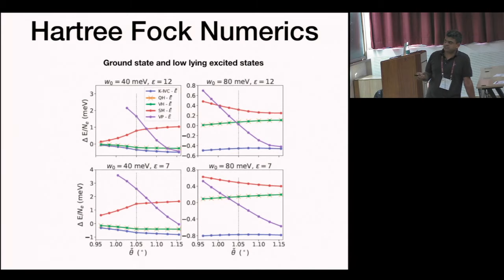We had these four states, this K-IVC and these other two states, the quantum Hall and the valley Hall states, and they all are the ones at low energies. But if you go to the more realistic values of W0, this set goes up in energy, and it's really the valley polarized state, this purple one, that comes down. And this was done with different dielectric constants and so on. So you can actually verify in more detail what is the manifold of low energy states, and that exactly follows this intuition of which of these perturbations is coming in and breaking this large symmetry of this ideal model.